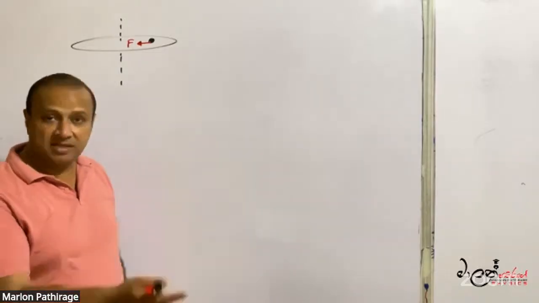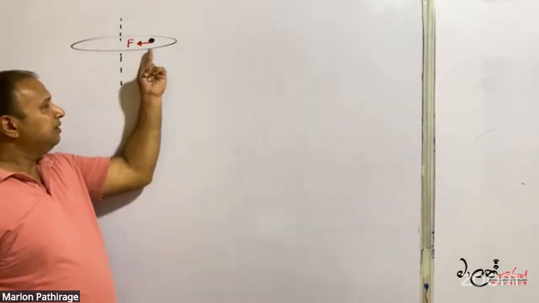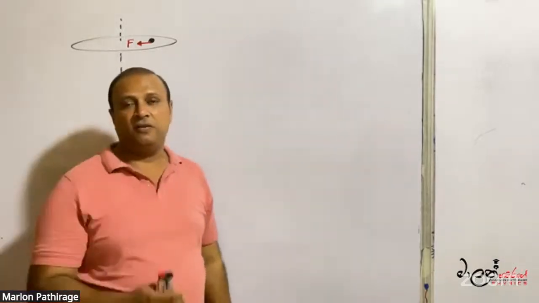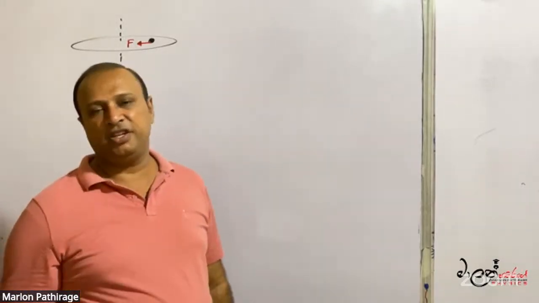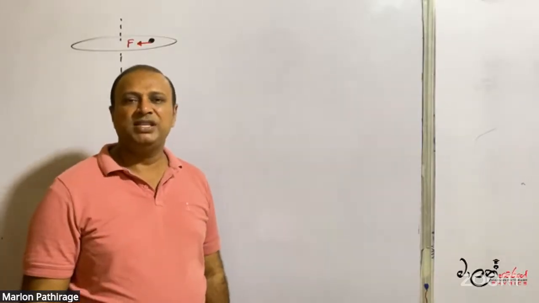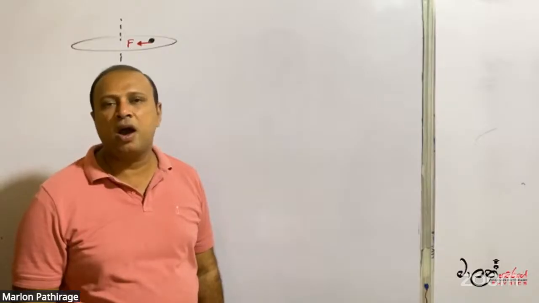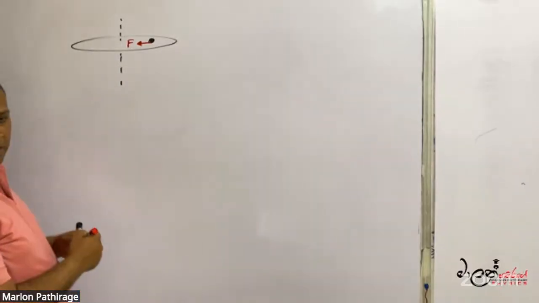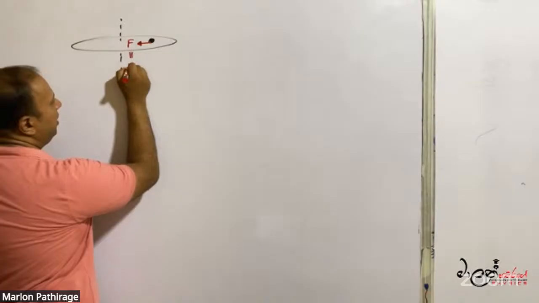It starts slipping. That means this friction force has come to its limiting value. Therefore, this friction force should be equal to mu R.